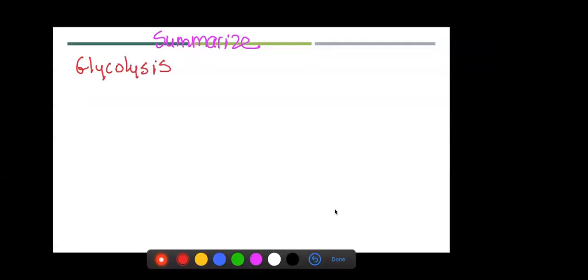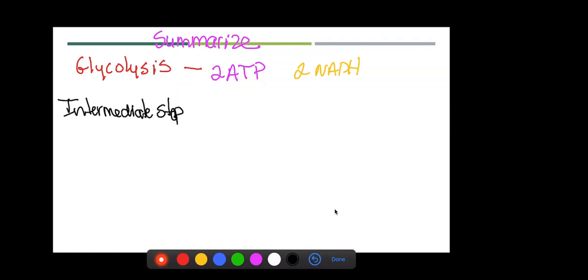In glycolysis, remember we profited 2 ATPs, and we made 2 NADHs. And then we had the intermediate, or preparatory, step. There we made 2 NADHs.